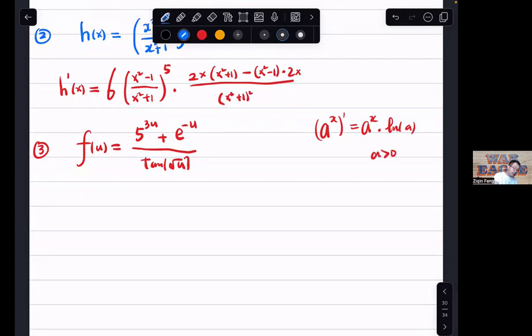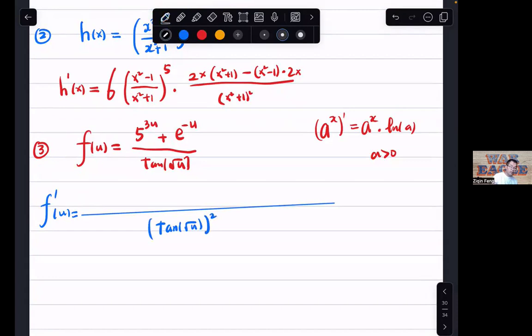So let's try to calculate f prime of u. The denominator is tangent of root u, then square as always, because we apply quotient rule.